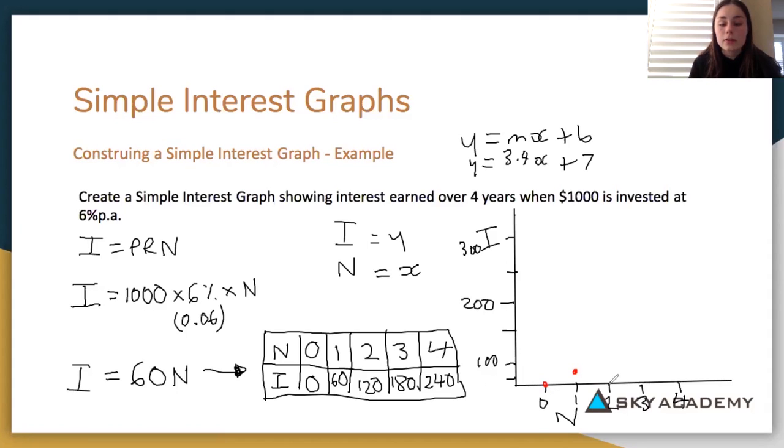At 2, we had 120, so it'll be just above 100. So maybe there. At 3, we had 180, which would be just before 200, so there. And finally for 4, we had 240, which would be just under 250, so about there.